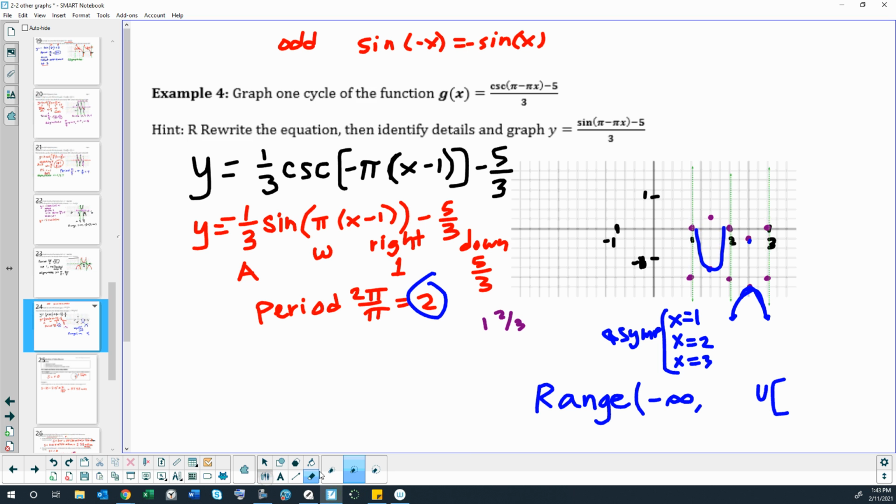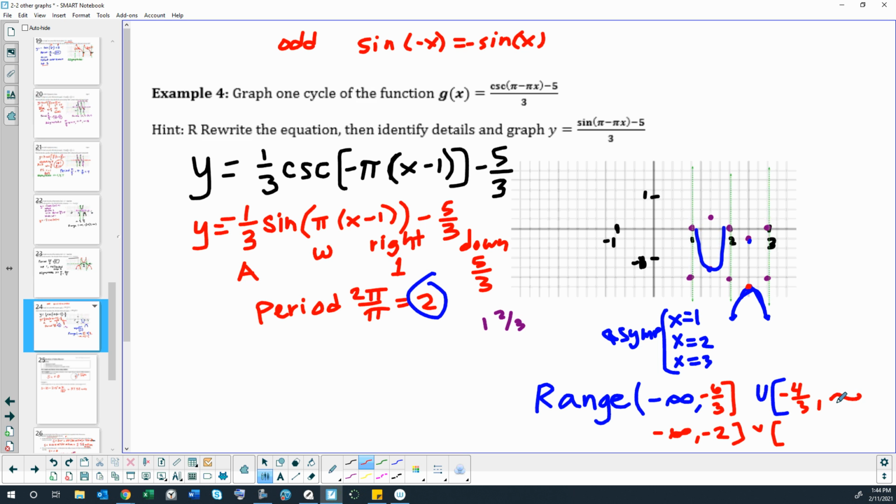Okay, I figured out my mistake. I was counting wrong. So this part right here is actually at -6/3 because it was at -1/3 and then we dropped it another 5/3. And of course -6/3 is just -2. And then this point here is at -4/3.